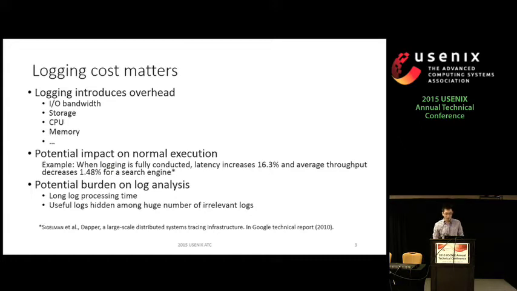For example, when logging is fully conducted, the latency will increase about 16%, and the average throughput will decrease about 1.5% for a search engine. Another issue is that a huge volume of logs could cause long log processing time and make log analysis burdensome, since the useful logs are usually hidden among a huge number of other irrelevant logs.